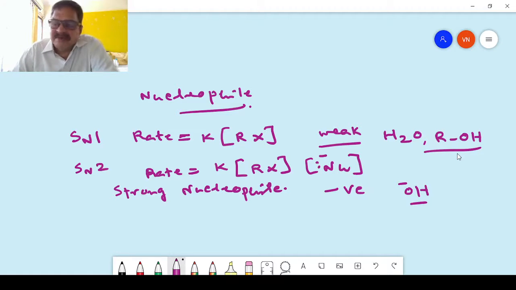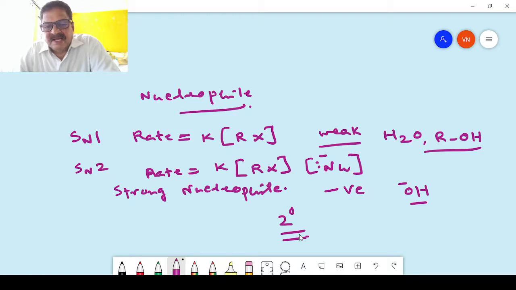Now, in the case of a secondary, that is 2 degree, the problem comes here. The secondary alkyl halides, here the identity of the nucleophile is important, not only in determining the mechanism of the reaction but also for determining the stereochemistry.